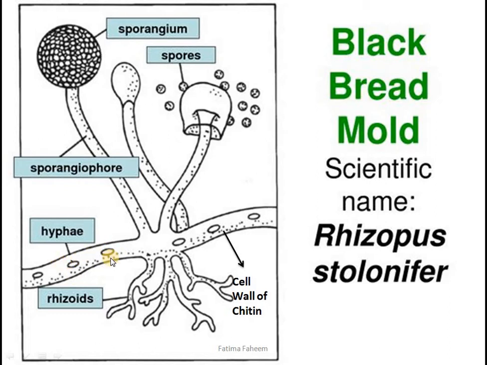The cell partition walls are not there, and all the nuclei are lying in the cytoplasm. The cell wall is made up of chitin, a carbohydrate. So now we have read three cell walls. One was in plant cell, made up of cellulose. The second was seen in bacterial cell, which was made up of murein and peptidoglycan. And this is the third cell wall we are reading about. This is present in the fungus and is made up of chitin.